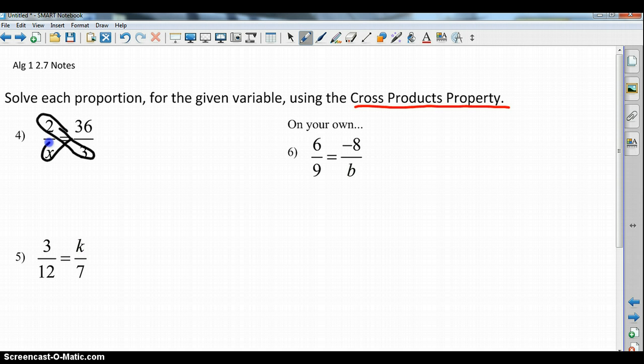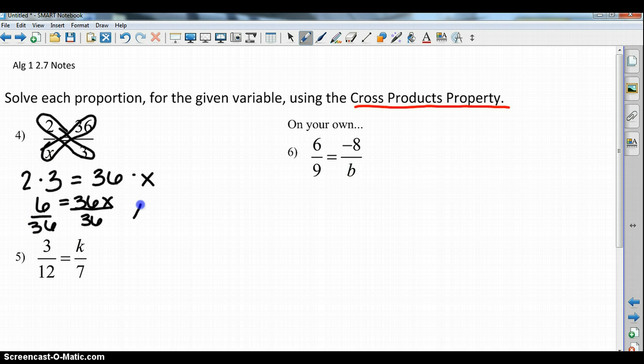They kind of make an X. So we're going to do 2 times 3 is equal to 36 times x. So that would equal 6 is equal to 36x, divide by 36, divide by 36. X is equal to 1 over 6.